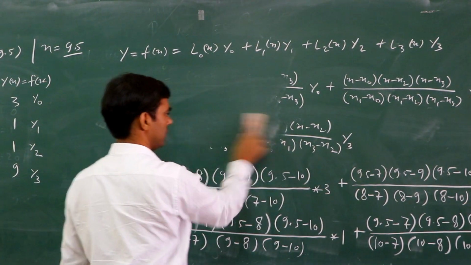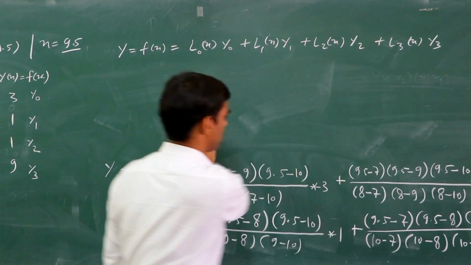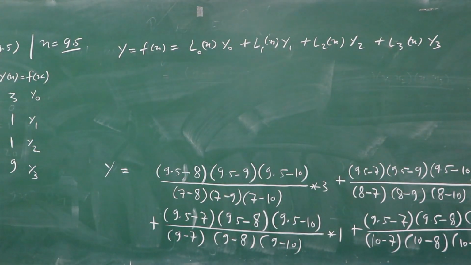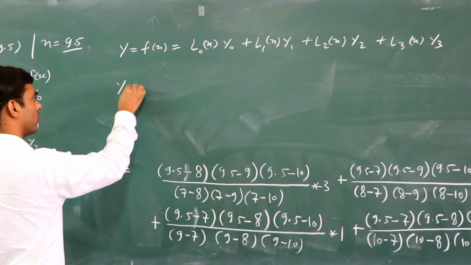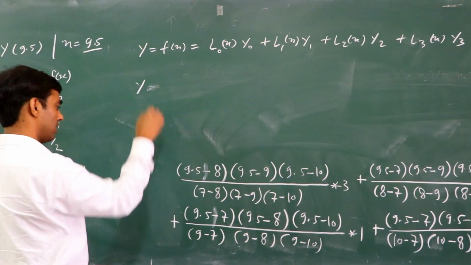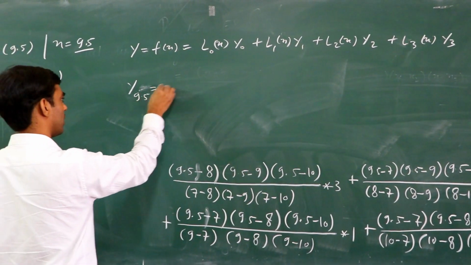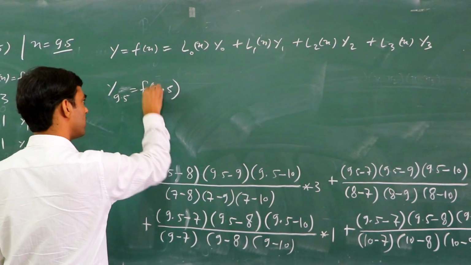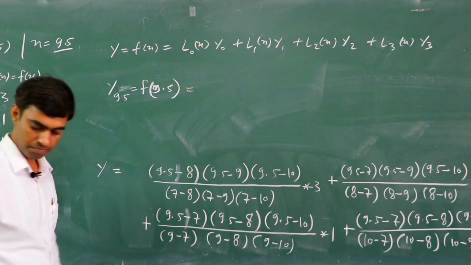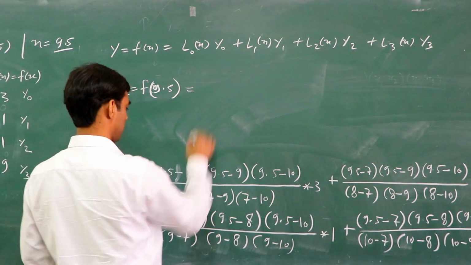If we simplify this result, first we erase this. So what is the value? Here we noted down the values. The value of y at 9.5, or you may also write f(9.5).